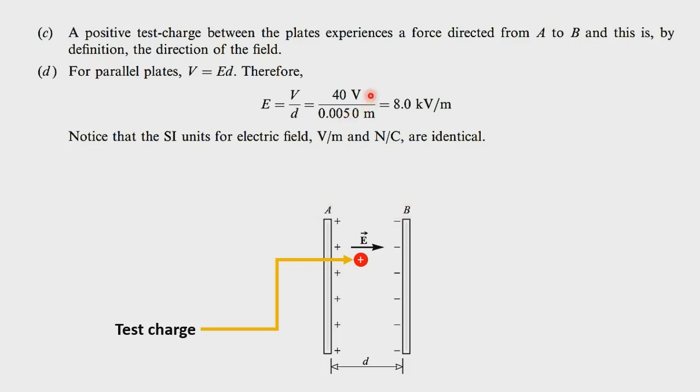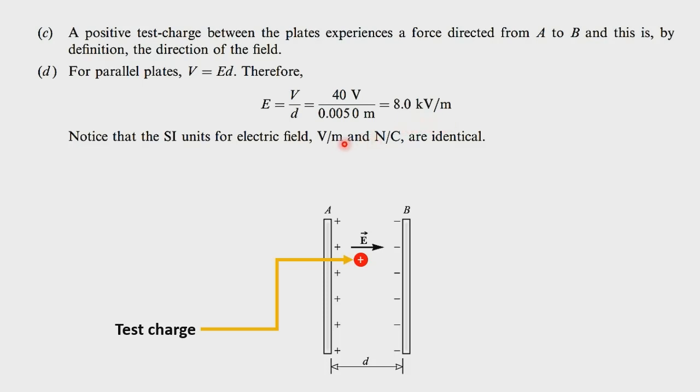Therefore our voltage will be 40 volts divided by 0.0050 meters, because everything should be in volts and meters. So our value for the electrical field is 8.0 kilovolts per meter.